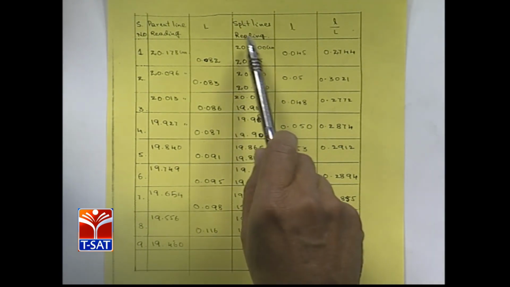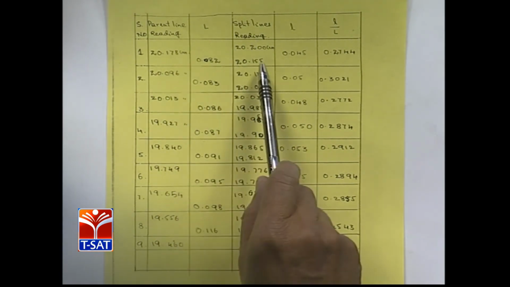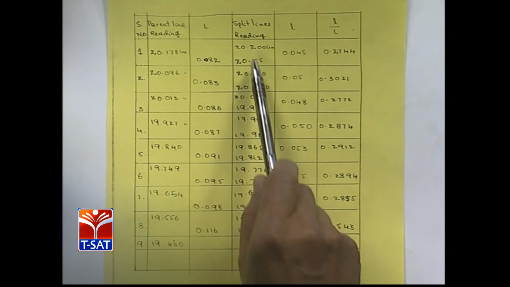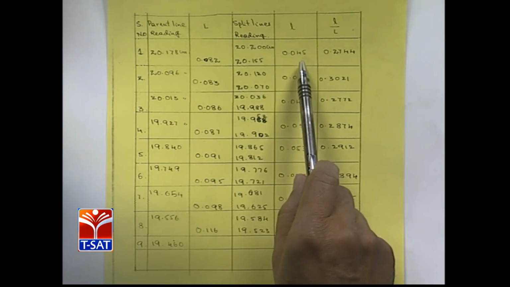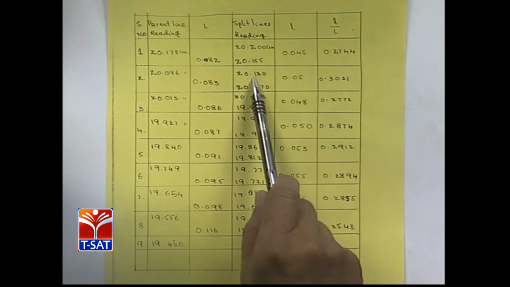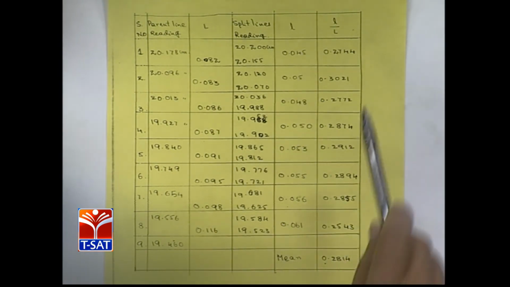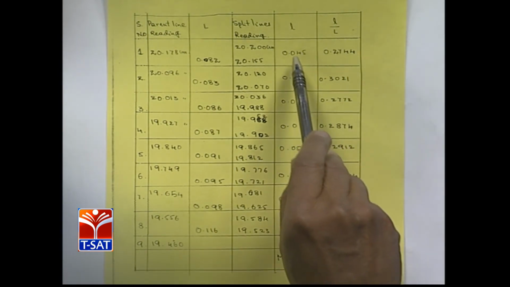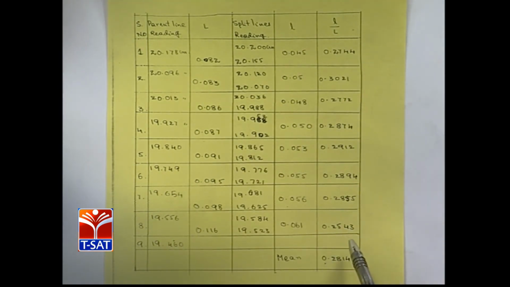Now, the split line readings: this is the upper one, this is the middle one, this is the lower one, and these two are split lines. Between the two split lines, what you observe here is called small l. Several L's are taken, several small l's are taken. We calculate small l by capital L for all of these and take the mean. This is the mean value.